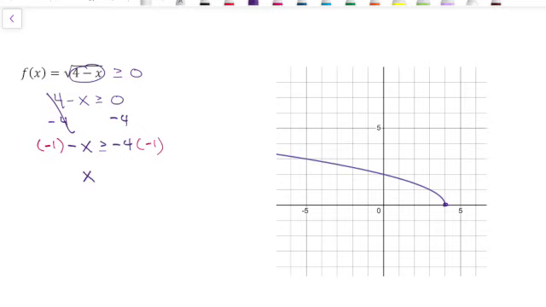Now this is when I have to switch this sign to be less than or equal to, because I just multiplied by a negative. And I get 4. Is that true? Does that work? Yes, it is all numbers going all the way to the left, all the way over to -infinity.